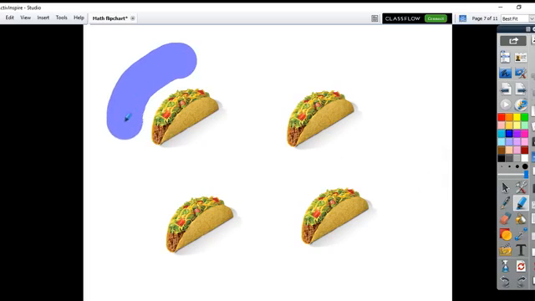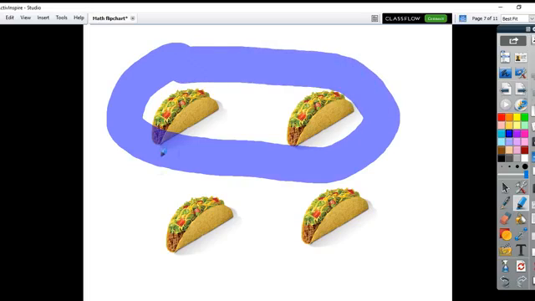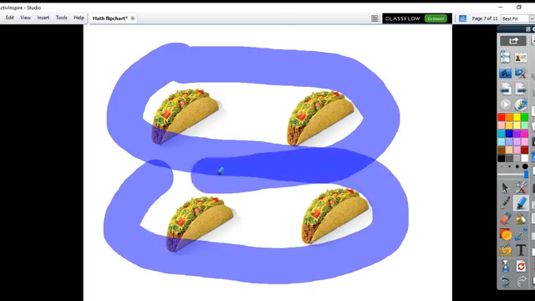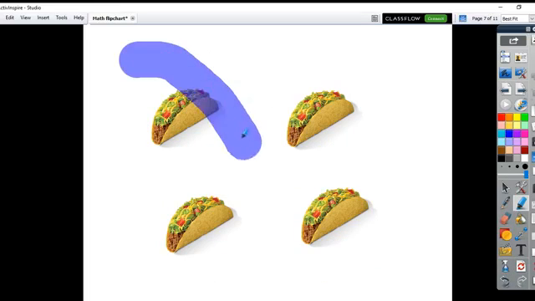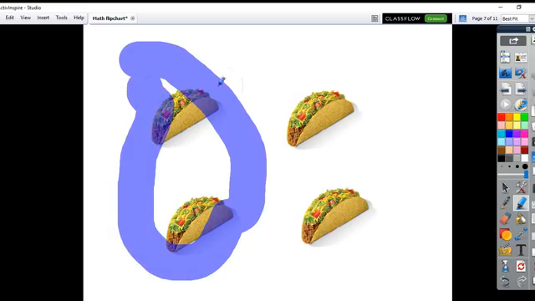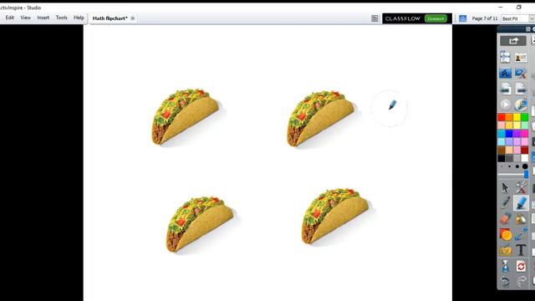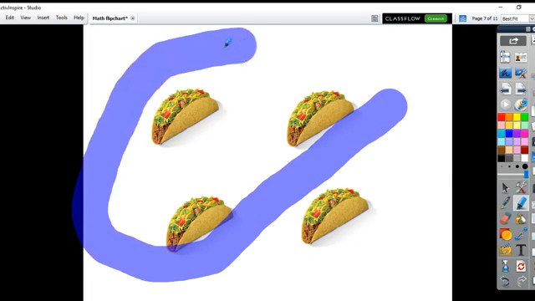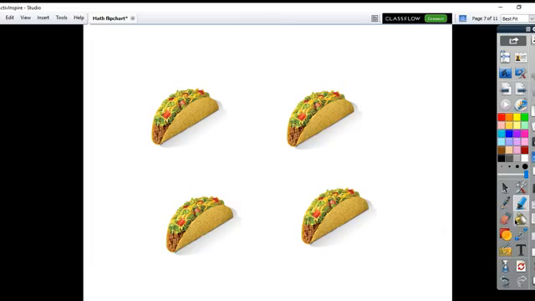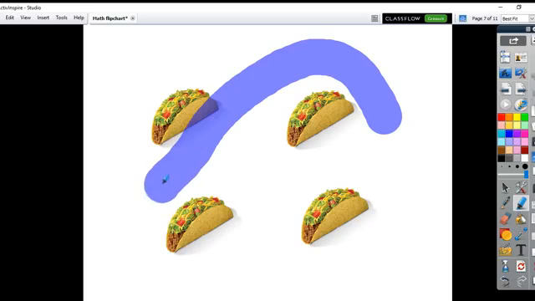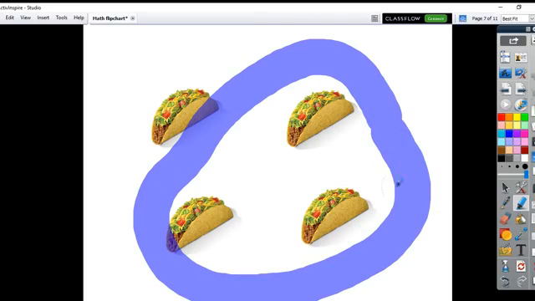Did you see 2 and 2? Did you see 3 and 1?